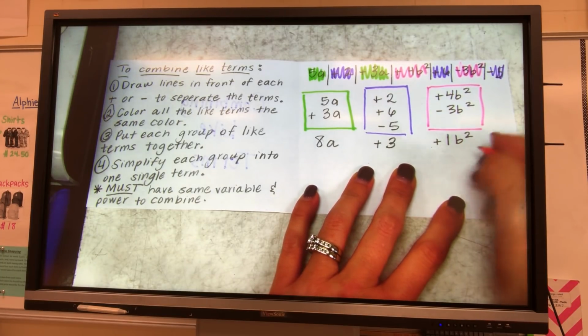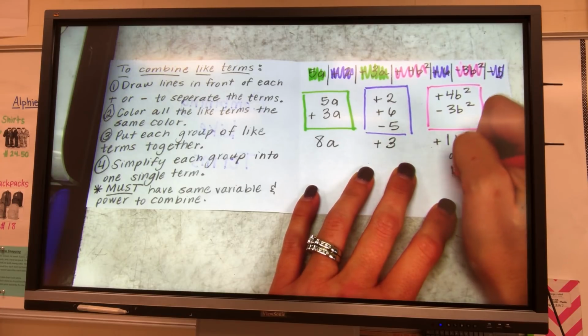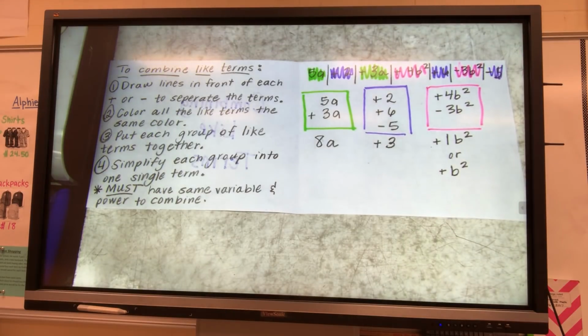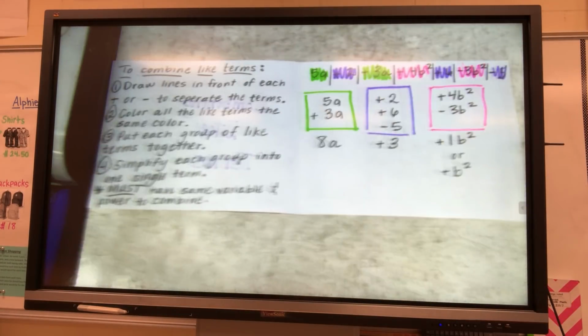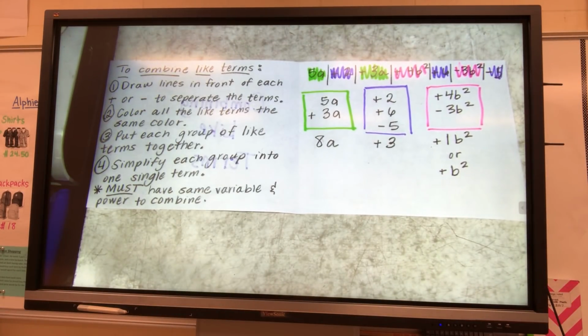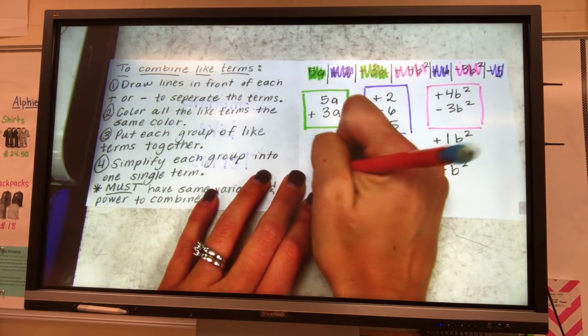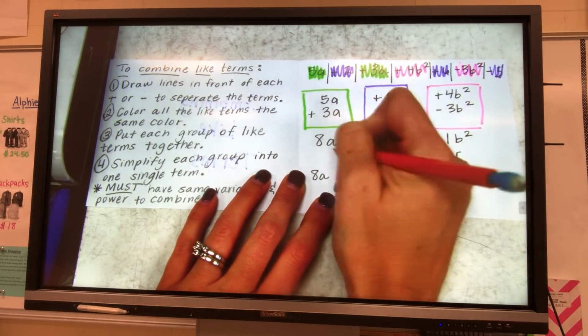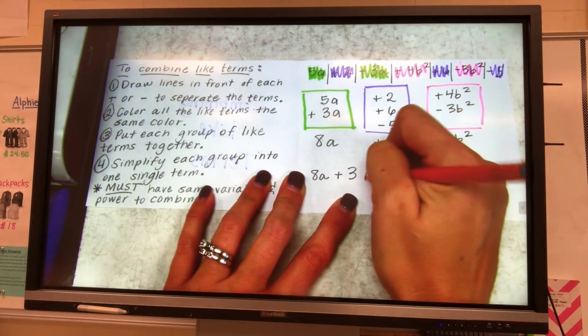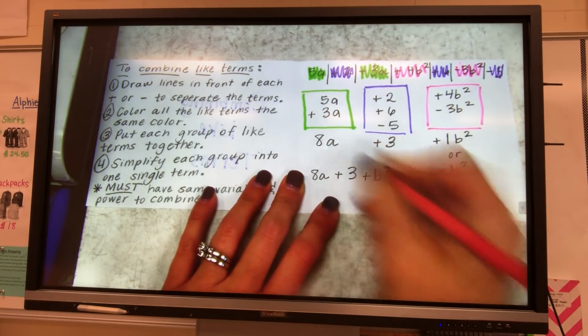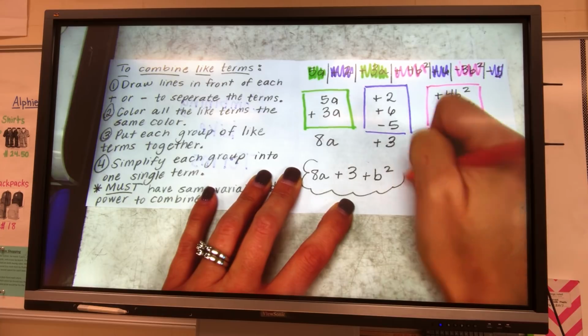So 1b squared, or we could write it just b squared, positive b squared. So when we write our problem out, we've taken all of these and combined them together, and we get the answer of 8a, you keep them in the same order, plus 3 plus b squared. And that is your final answer.